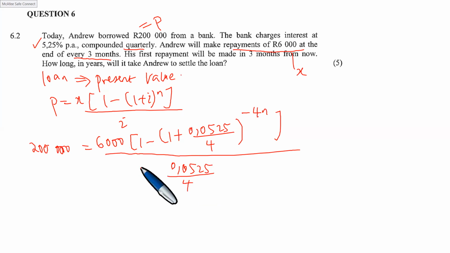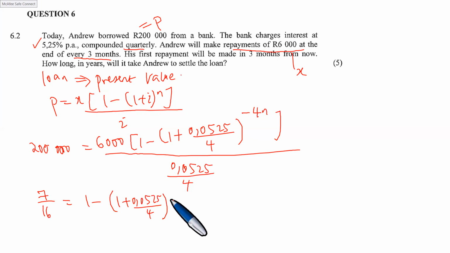So, right, if you cross multiply this one by this and divide by 6,000, you'll get 7 out of 16 is equal to 1 minus 1 plus 0.0525. You divide everything by 4 and you have minus 4n. Okay, so you have this.